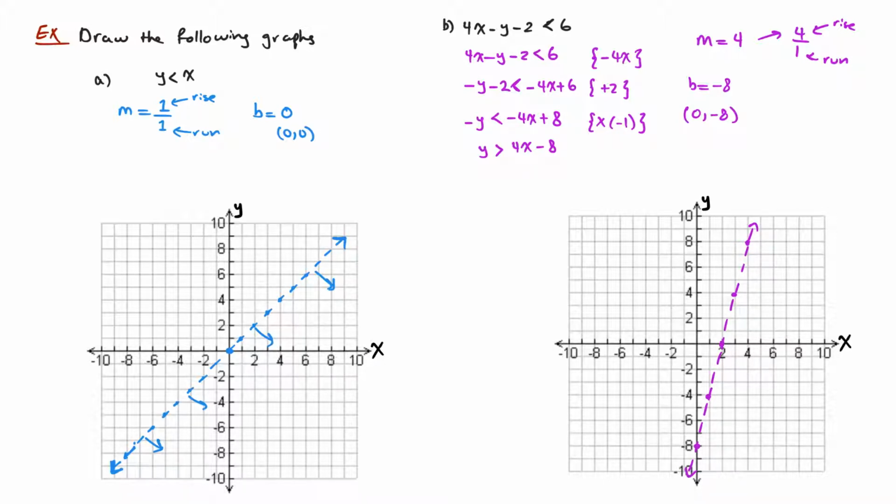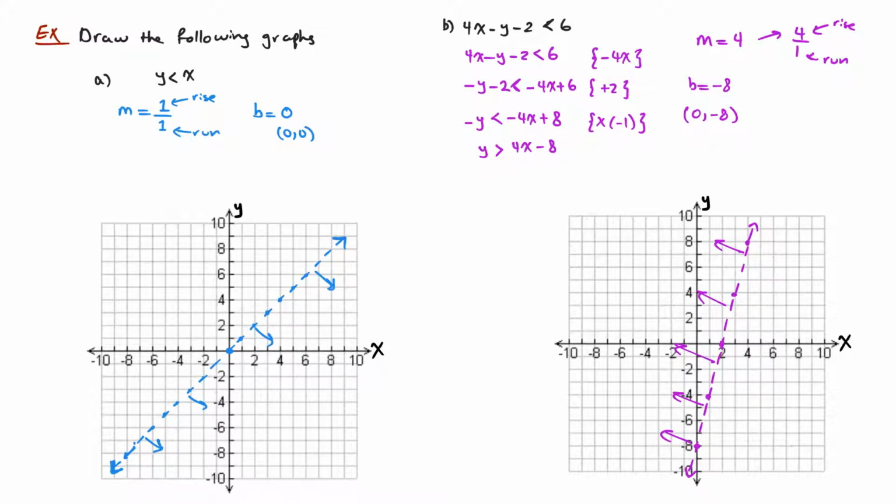And once I have my arrows, I will need to shade the proper region. In this case, y is larger. If it's larger, that means I have to shade above my line. And if this is my line, this region is below it and this region is above it. So to shade the proper region, I will need to indicate that it is this direction over here.